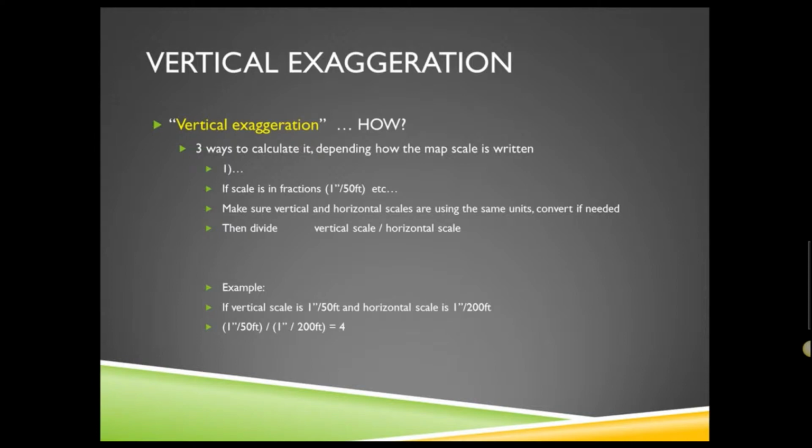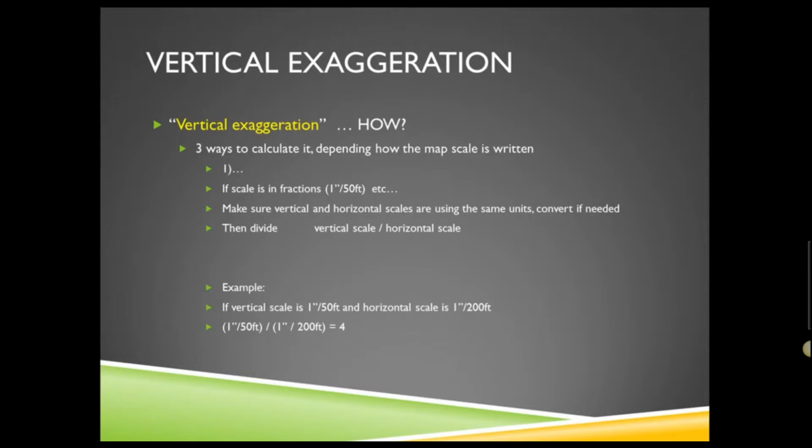It'll depend on how the map scale is written. Map scales can be fractions, or ratios, or equivalencies. So if it's in fractions, like you have a map scale that says 1 inch divided by 50 feet, letting you know that every inch on the map relates to 50 feet in the real world.